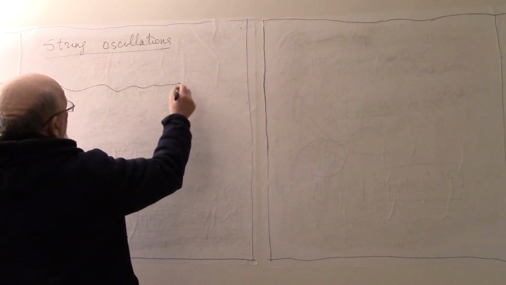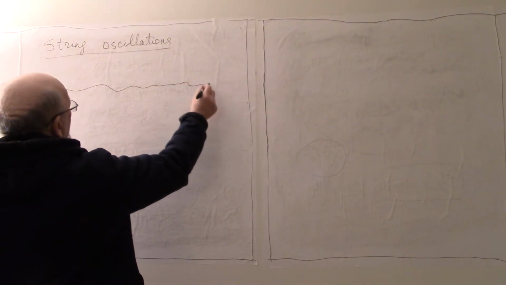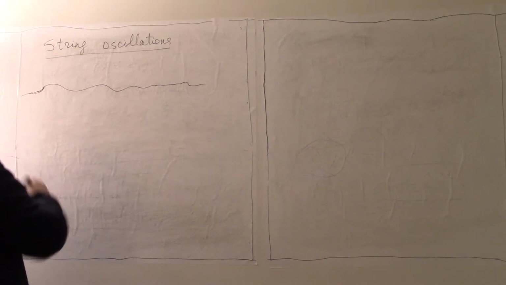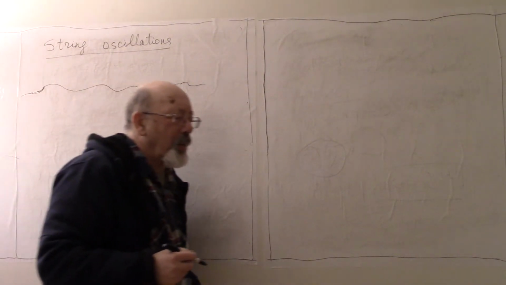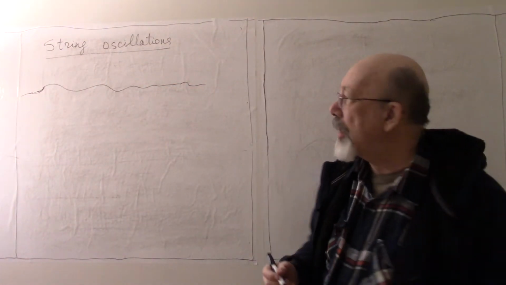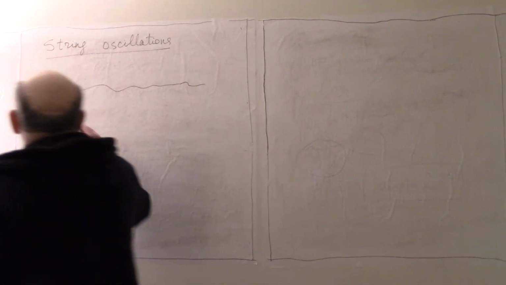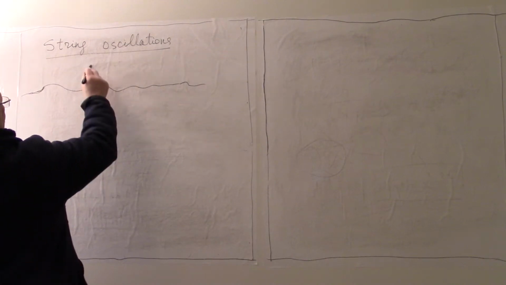It is the shape of the string at some moment. Now, assume that the string is long, maybe infinitely long, so we consider it like a line in the coordinate system.